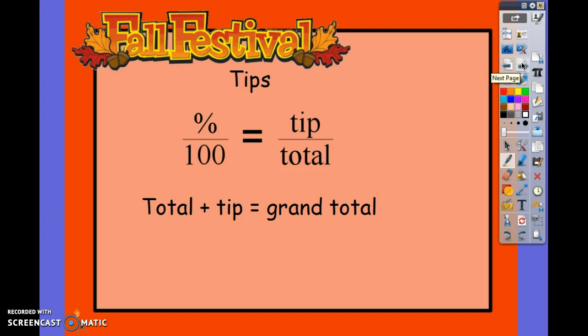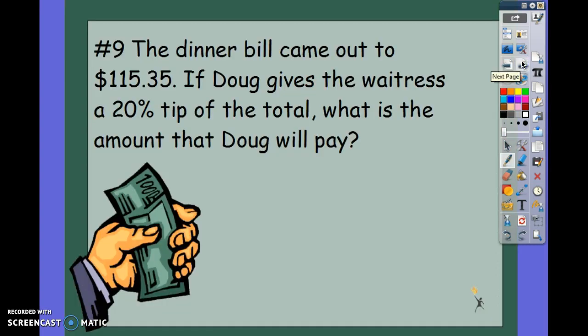Tips. Tip is percent over 100 equals tip over total. Total plus tip equals your grand total. The dinner bill came out to be $115.35. If Doug gives the waitress a 20% tip of the total, what is the amount that Doug will pay? So we're going to set up a proportion. 20 over 100 equals X over $115.35.